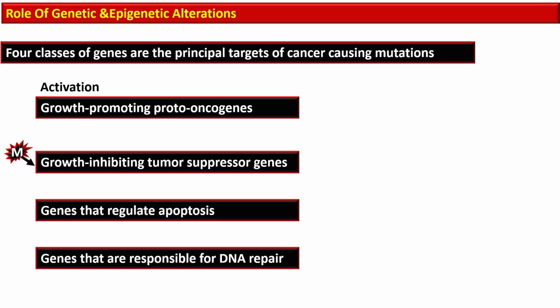Their inheritance pattern is usually recessive. That means that both alleles must be inactivated to cause the cancer. An exception to this is haploinsufficiency, in which the loss of one allele reduces the protein levels enough to promote cancer.